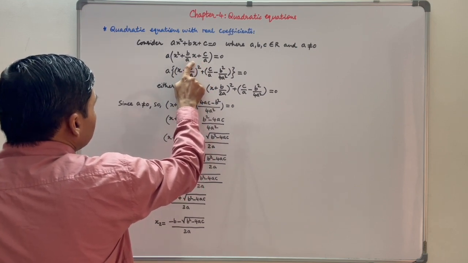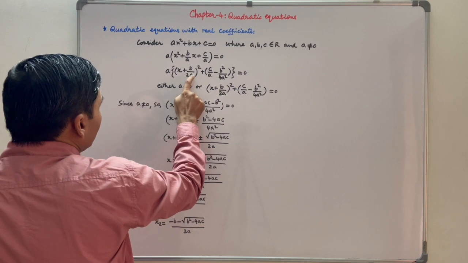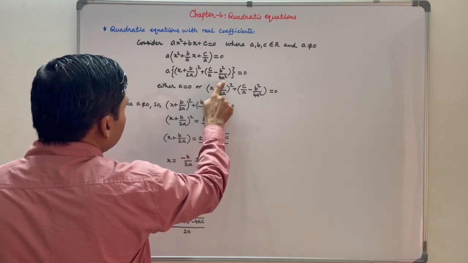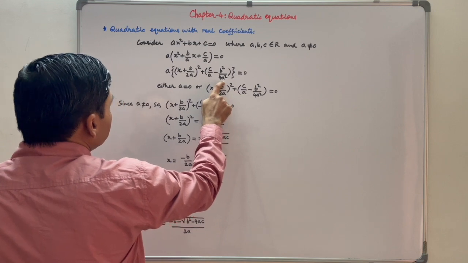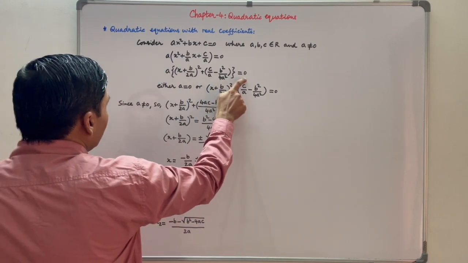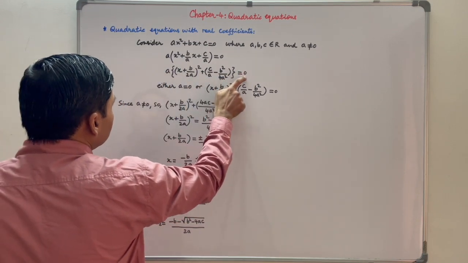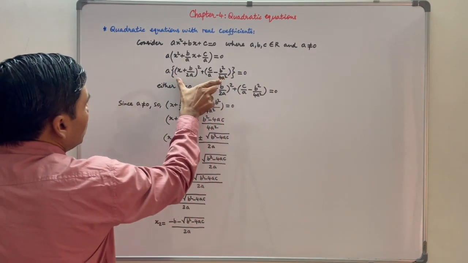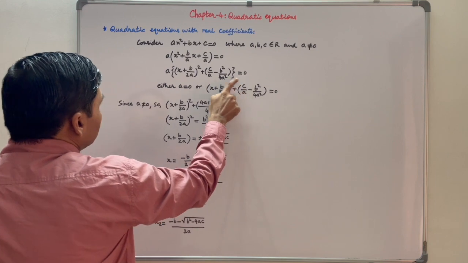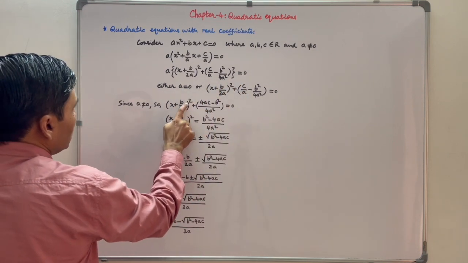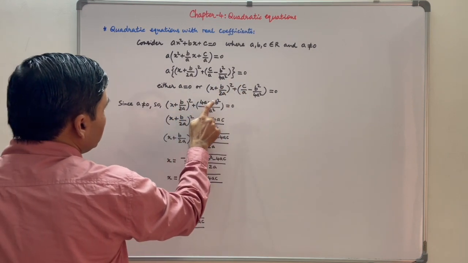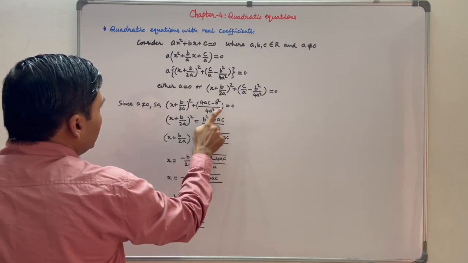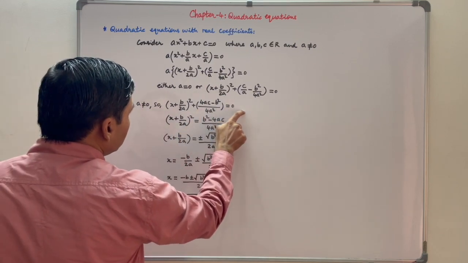This can be rewritten as (x + b/2a)² + c/a - b²/4a². This means either a = 0 or this whole is equal to 0. Since a is not equal to 0, so this whole is equal to 0. That means (x + b/2a)² + (4ac - b²)/4a² = 0. Take this to other side of the equation.